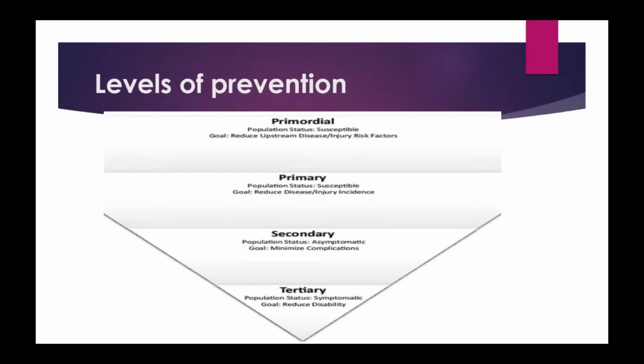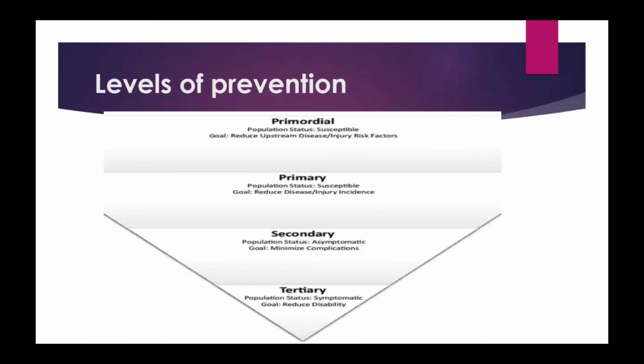The main aim is that the disease is going to be prevented. But in primordial prevention, the person is completely healthy, but in future can develop the risk factor. So in primordial prevention the development of risk factors is prevented.